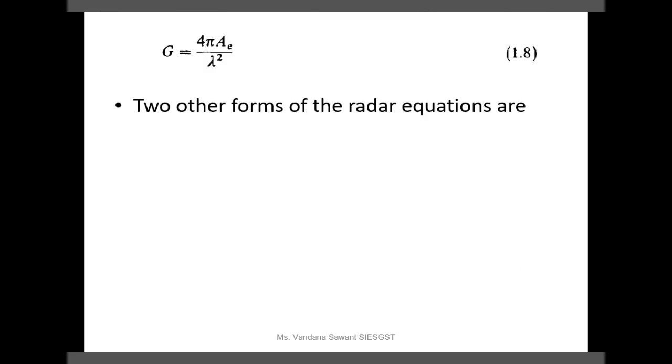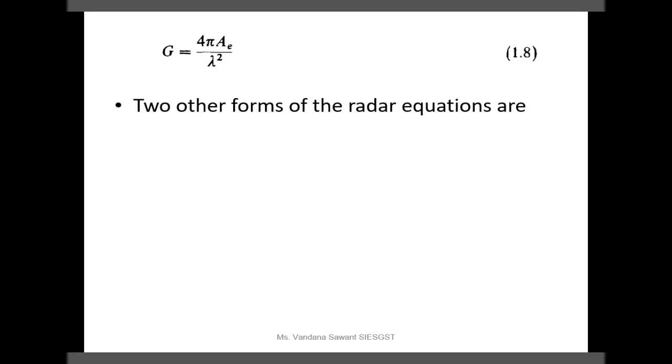But G and Ae are related to each other like this: G is equal to 4 pi Ae upon lambda square. So in this equation we can replace G by Ae using this relation, or we can replace Ae by G. At the place of G we can write 4 pi Ae upon lambda square and write the equation in the form of Ae only, or at the place of Ae we can write G lambda square upon 4 pi and write the equation in the form of G only.